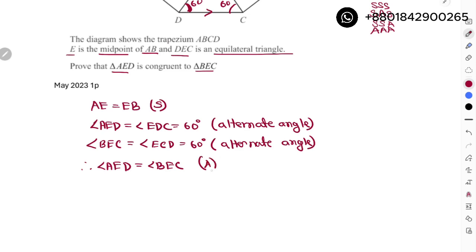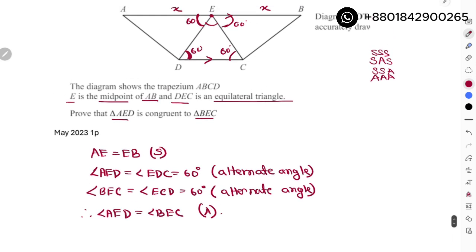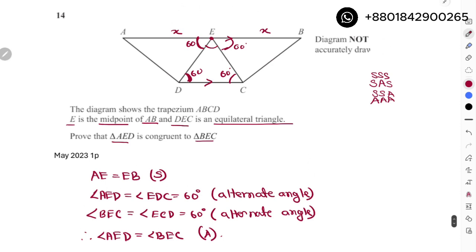So this is one angle that has been proved to be the same. After this, if they have the same angle, then I can say that, what else? Since ED and EC were the sides of an equilateral triangle, obviously they will be equal.